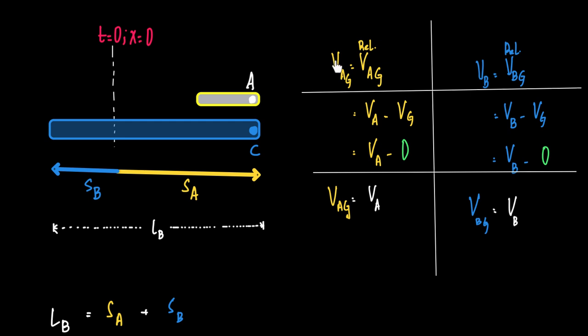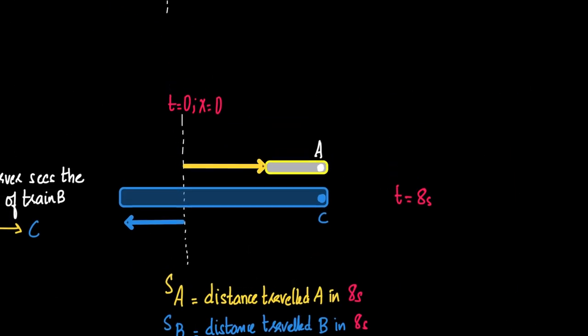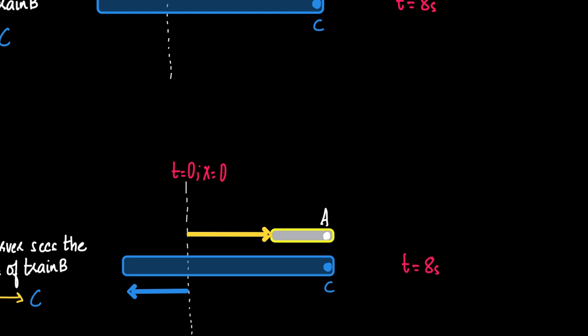So speed of A with respect to ground is speed of A minus speed of ground, which is vA minus 0, equal to vA. Since the ground is stationary, both these speeds are the same. And we have SA and SB as the distances traveled by A and B. I think I have made a minor mistake here. This arrow should end here, because the observer was at this position and then had moved so far, like this.